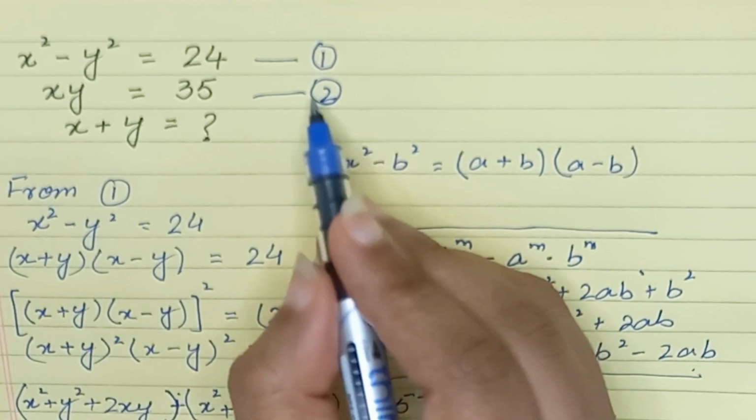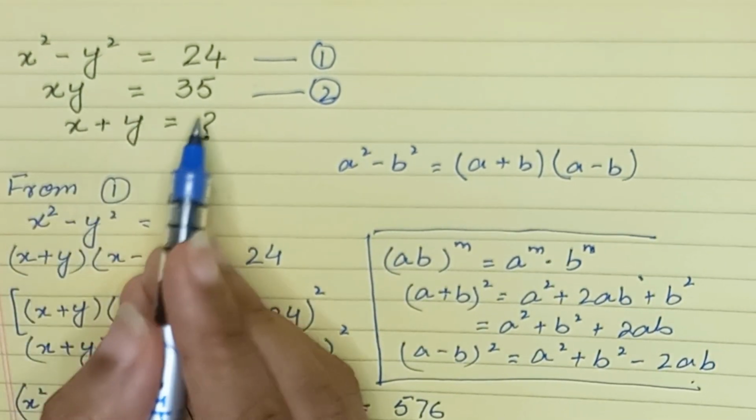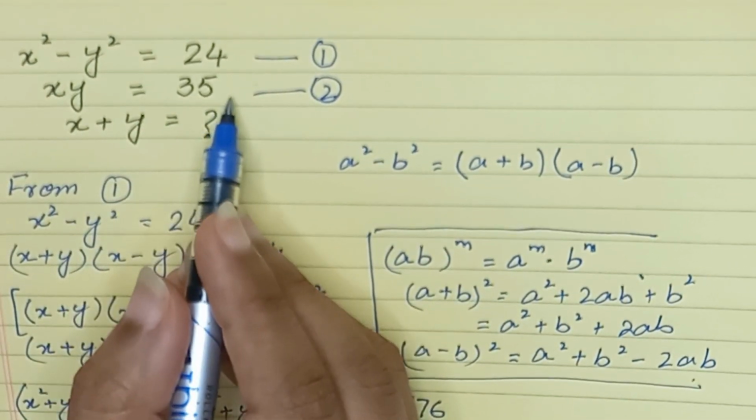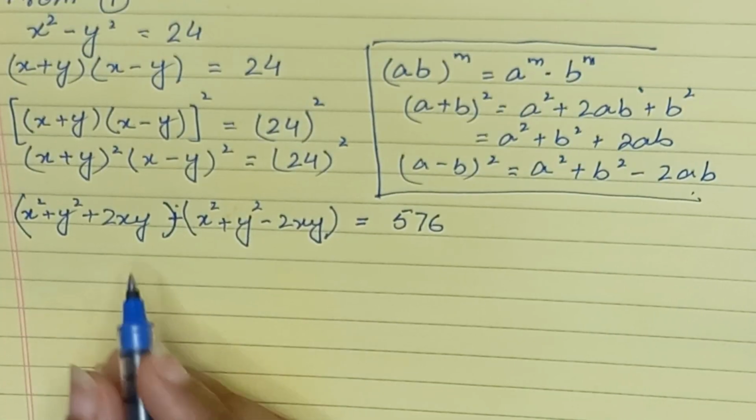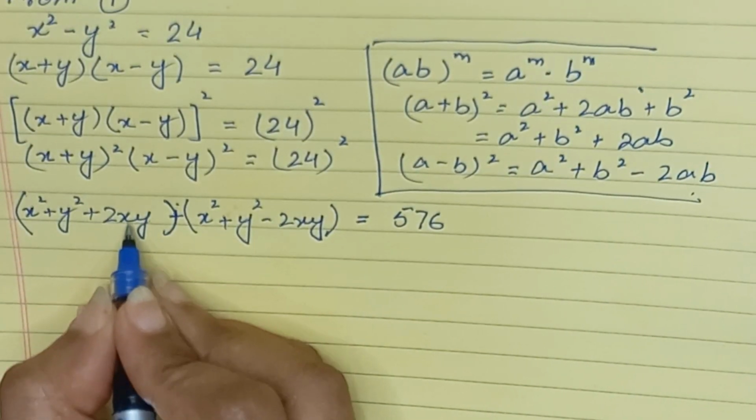Now from equation 2, we know that the value of xy is 35. So we will put the value of xy here.